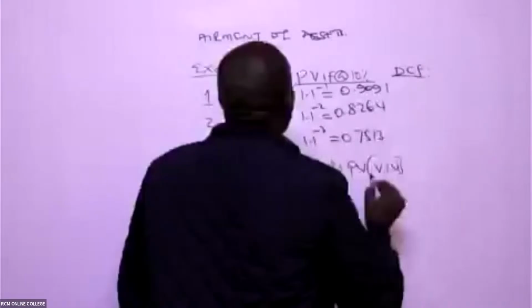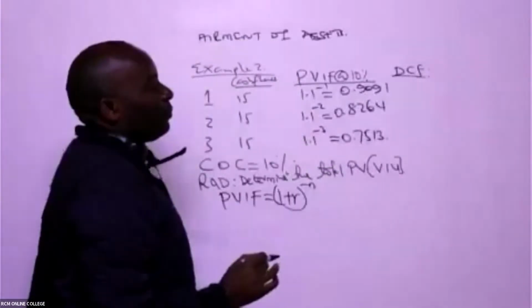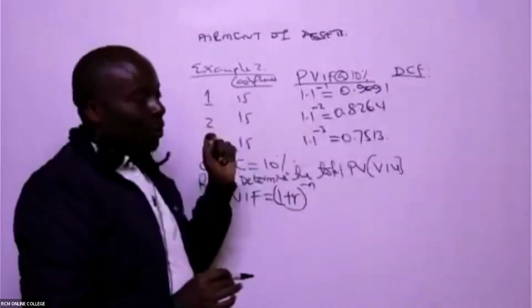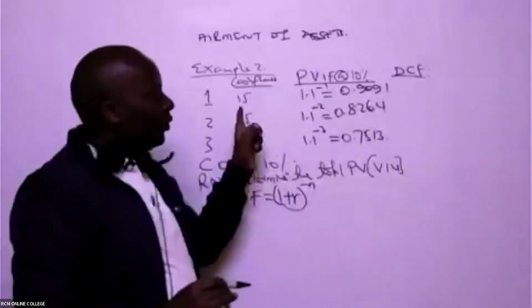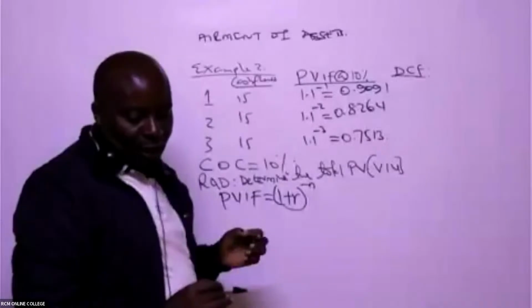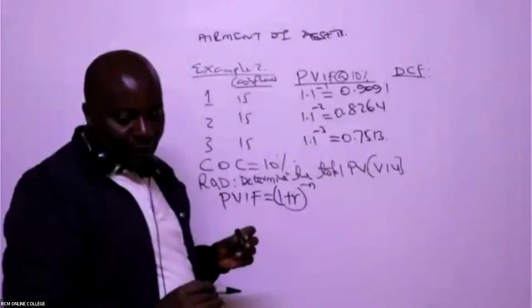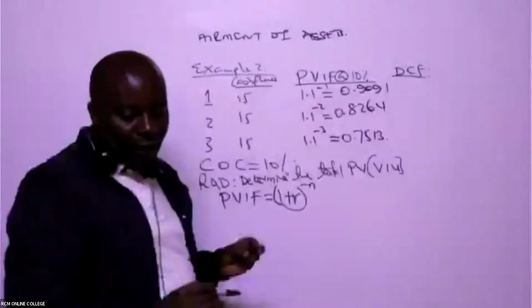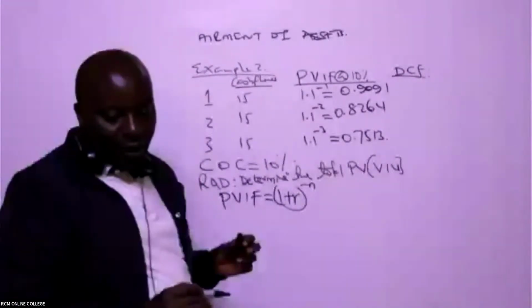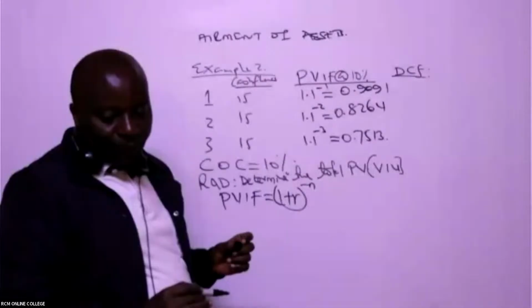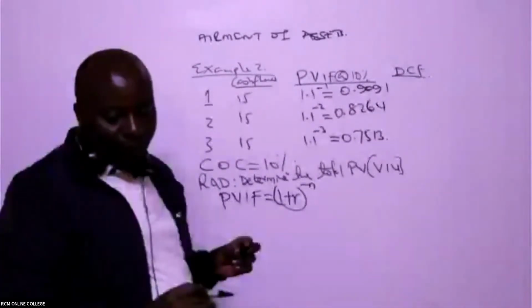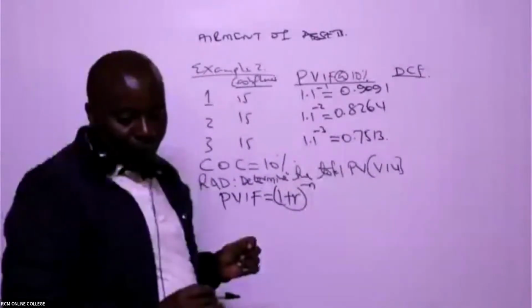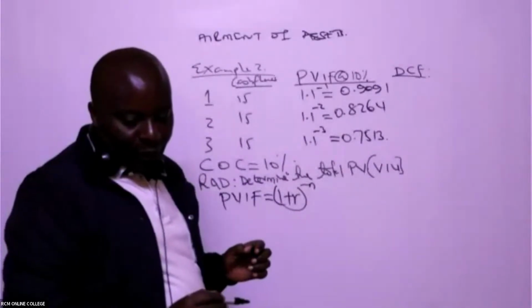Then come and give me the discounted cash flows. So 15 times 0.9091. What are we getting, ladies and gentlemen, here? $13.64.